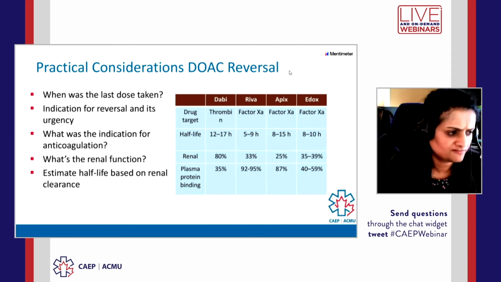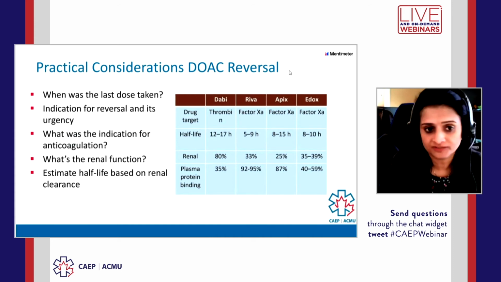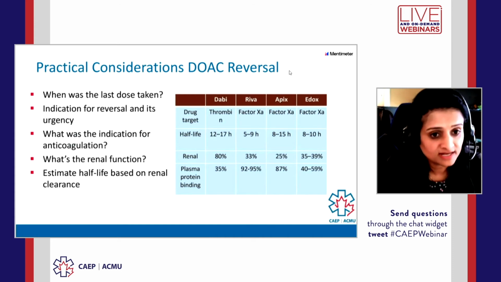The half-life varies between 6 to 12 to 15 hours. This will change based on your patient's creatinine clearance at the time of the bleed, and that can help you estimate how much of the medication is still in the system and the estimated clearance time. Next slide.